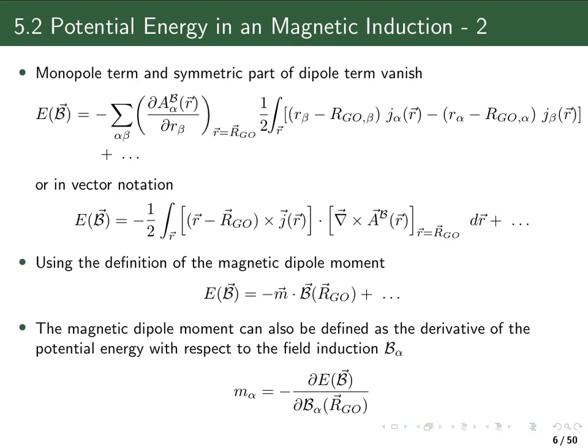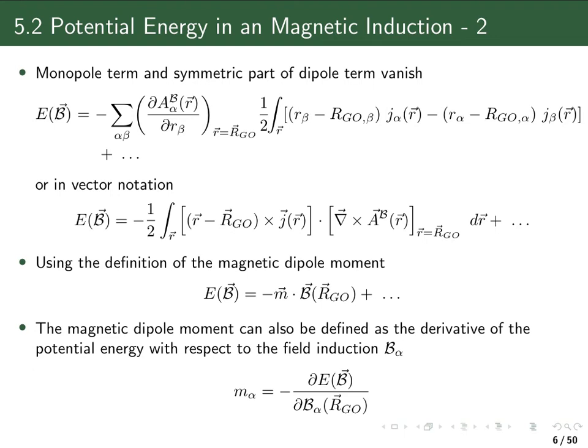Looking at all the indices, one can write this in vector notation as the curl of the vector potential, scalar product with our magnetic dipole moment, which means the first term is the product of the homogeneous magnetic field at our gauge origin, because the curl of the vector potential was the homogeneous magnetic field, and the integral which is left here is our magnetic dipole moment from before.